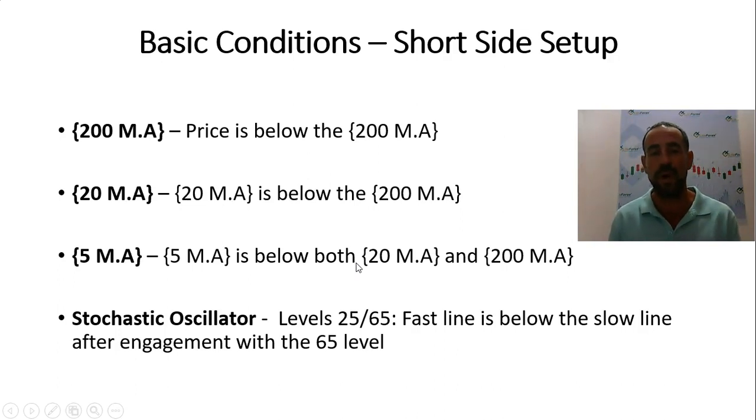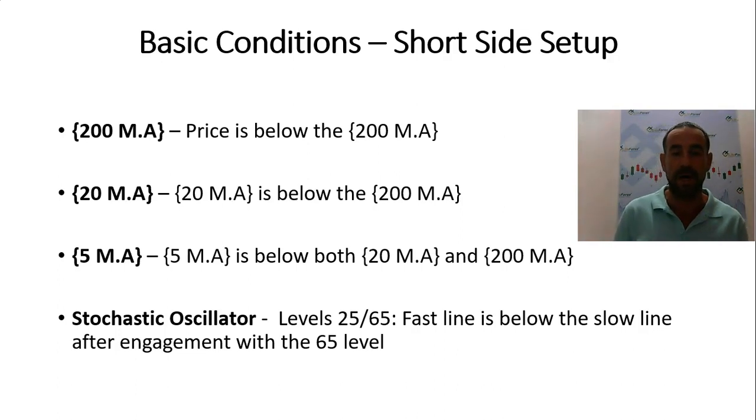Now, in terms of the conditions of the moving averages, in a short side setup, for example, we require that the 5-day moving average, the fast line, be below both the 20 and the 200, where the 20 is also required to be below the 200 itself. You follow what I'm saying?